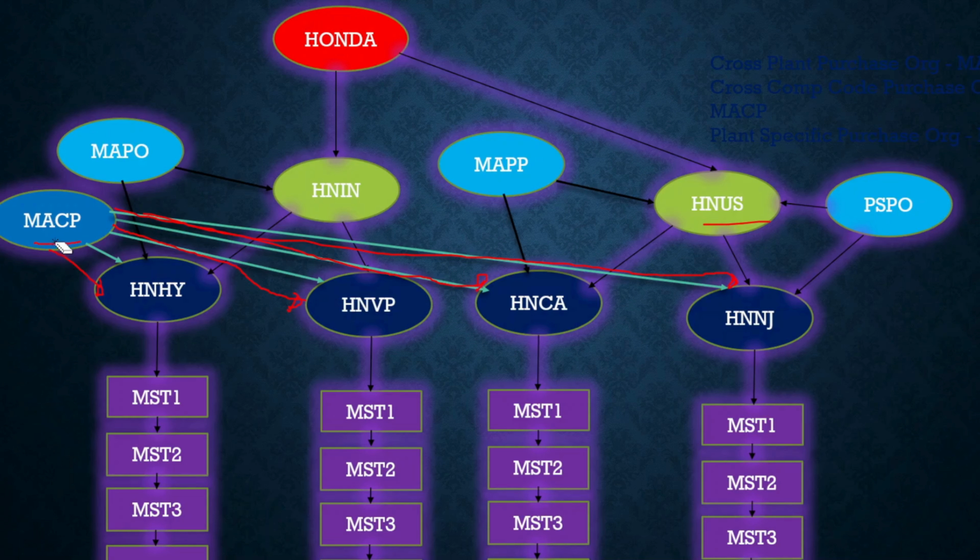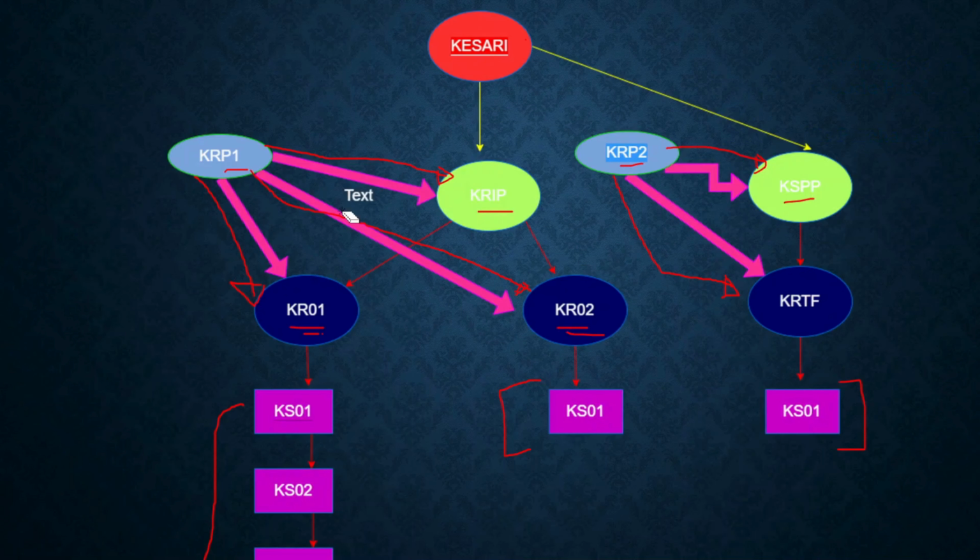So MACP is assigned with plants of two different company codes. In earlier cases, when we were just saying cross plant, all plants belonged to the same company code. Like KRIP is a company code, KR01 and KR02 are two plants. Both just belong to the same company code. That's the reason KRP1 was a cross plant purchase organization.